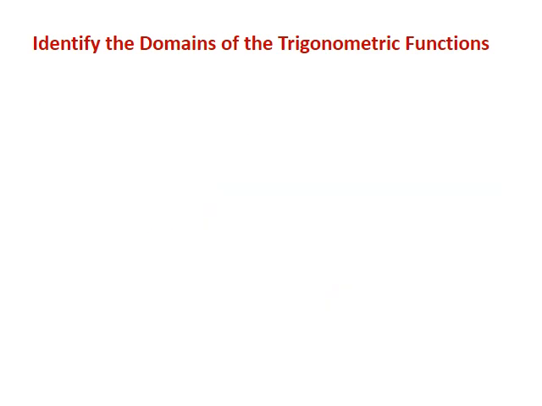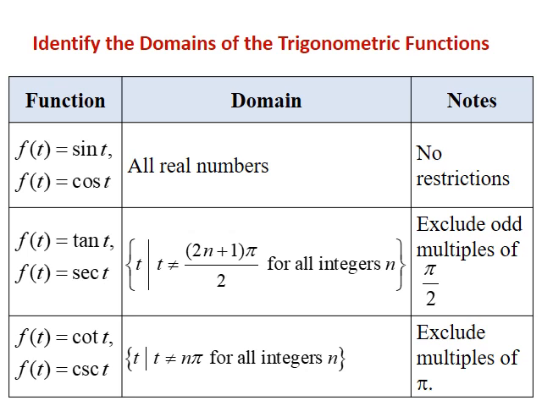With that being said, we have this chart here, and as mentioned previously, for sine and cosine the domain is all real numbers, so there's no restriction. Tangent and secant, you want to be cautious of odd multiples of pi over 2. That would be 3 pi over 2, 5 pi over 2, and so on.